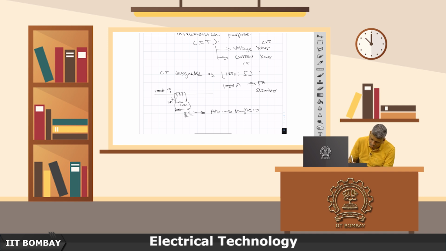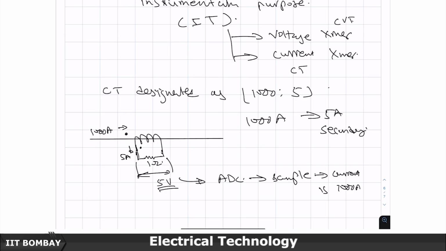By calibration you will measure that the current is 1000 amperes. So, if the current is 500 amperes, you will measure 2.5 volts here, and therefore, you will effectively measure this.